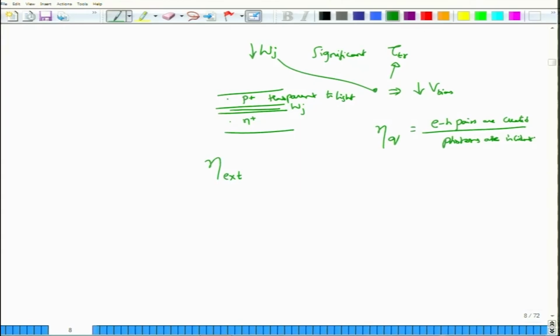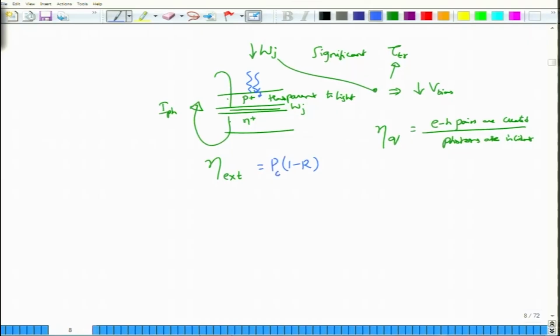But we know that it is not just the creation of the electron hole pairs that is important, but these electron hole pairs have to traverse the junction to form the photocurrent. Okay. And the external quantum efficiency actually measures that. When you launch light from the top, some portion of the light will actually get reflected away, and the remaining portion will be absorbed into the first material.